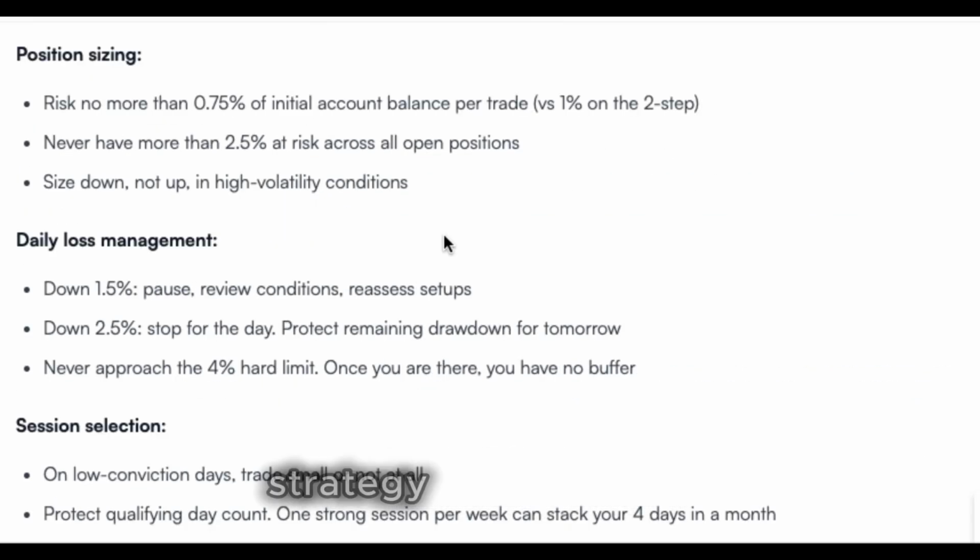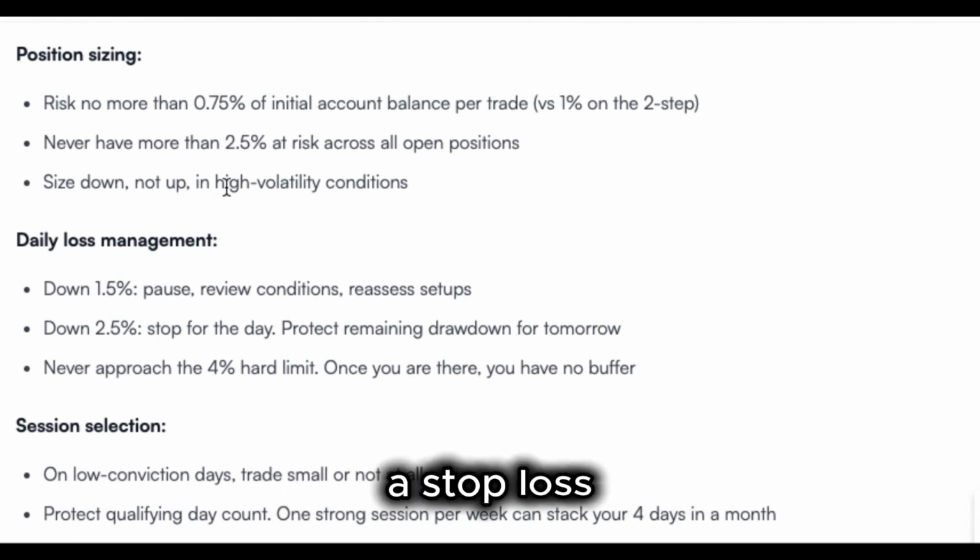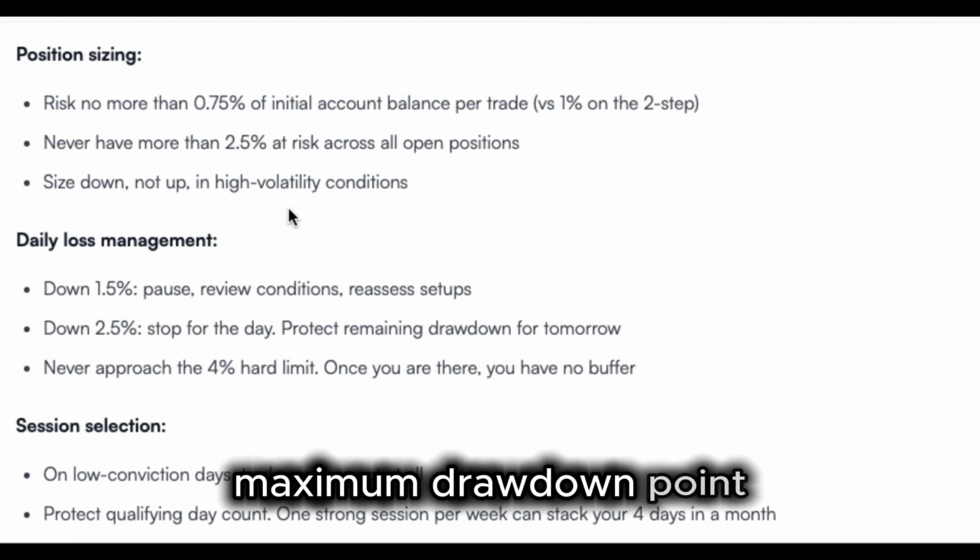A risk management strategy that considers a stop loss not bigger than 2.5% per day means that if you're taking multiple trades, you should never risk more than 0.75% of the initial account balance per trade. As you can see, you can have a little bit more room in the two-step challenge. As already mentioned, never have more than 2.5% at risk across all open positions on any single day, otherwise you risk hitting the daily maximum drawdown point.